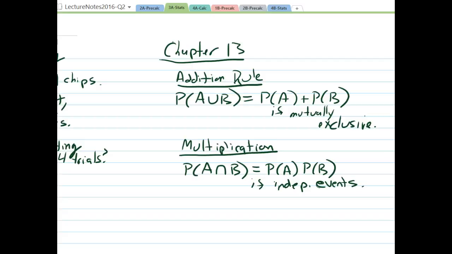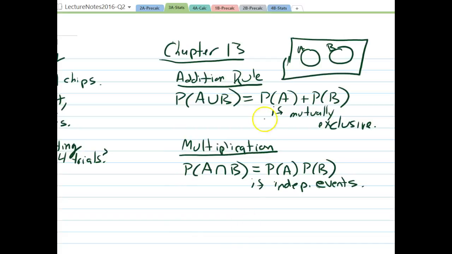If they could, they would not be mutually exclusive. In a Venn diagram sense, we looked at mutually exclusive as being no overlap, so the two events can't happen at the same time. Okay, now on Chapter 13, we're using these formulas, where the addition rule assumes mutual exclusivity and the multiplication rule assumes independent events.